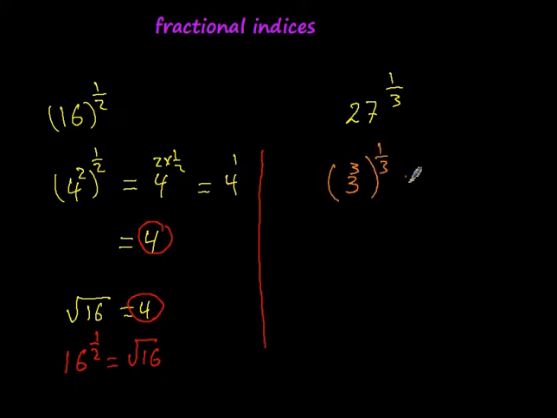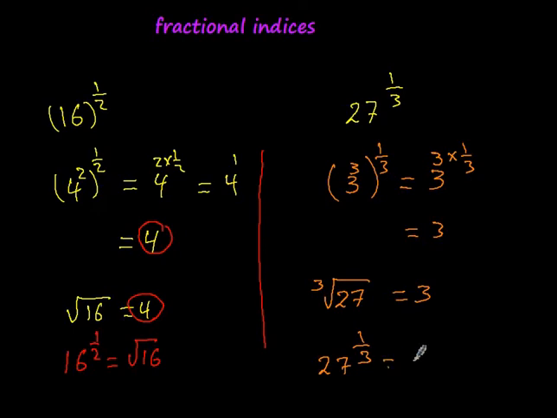In order to simplify this expression, according to the power law, we have 3 to the power of 3 multiplied by 1 over 3, and that equals 3. And the same way, if I ask you what is the cubic root of 27, the cubic root of 27 simply equals 3, and from that I can understand that 27 to the power of 1 over 3 simply equals the cubic root of 27.